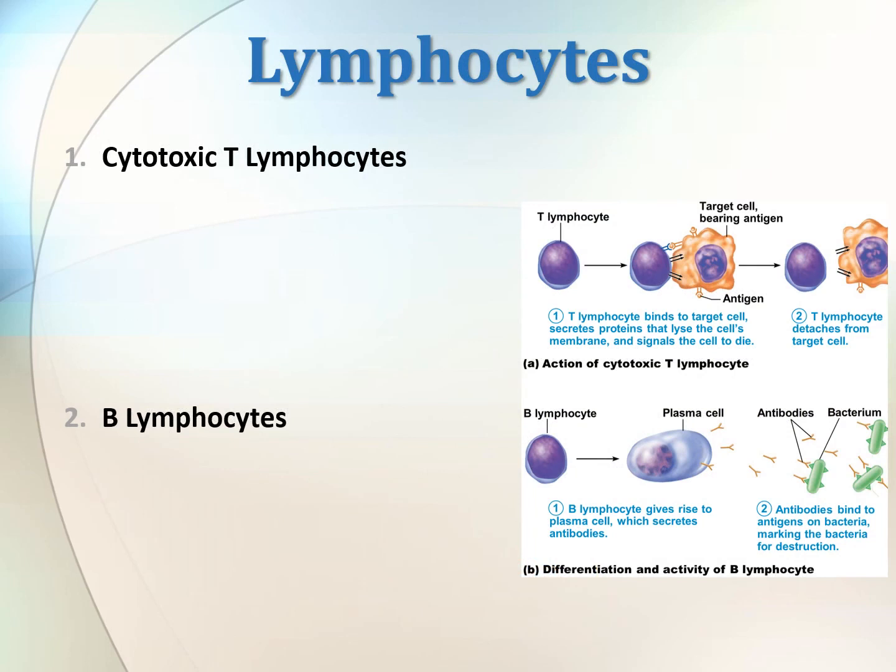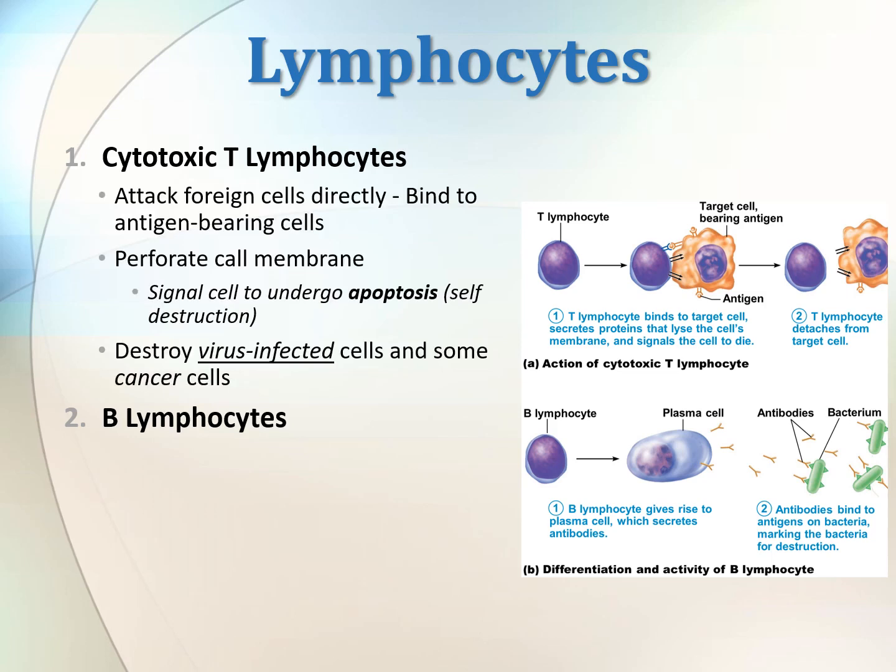So what are our two types of lymphocytes and how do they work differently? We have these T cells, and the specific ones we'll talk about are called cytotoxic T cells. These guys are going to bind to that pathogenic cell directly. If it's bearing that antigen, it has the little flag up. It says, I am this type of cell, and the T cell is going to bind straight to it. Essentially what it does is it pops holes in it, and it causes the cell to self-destruct, okay?